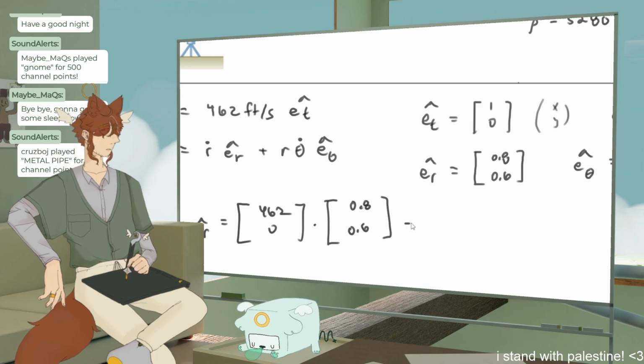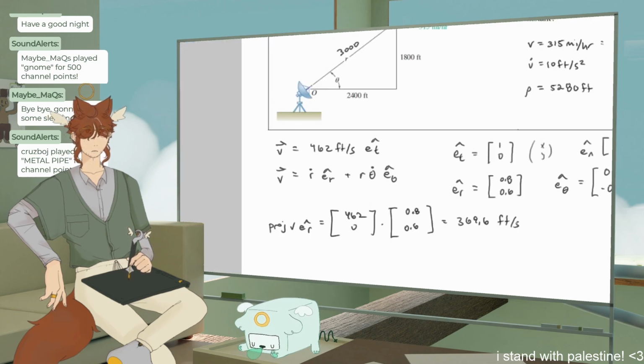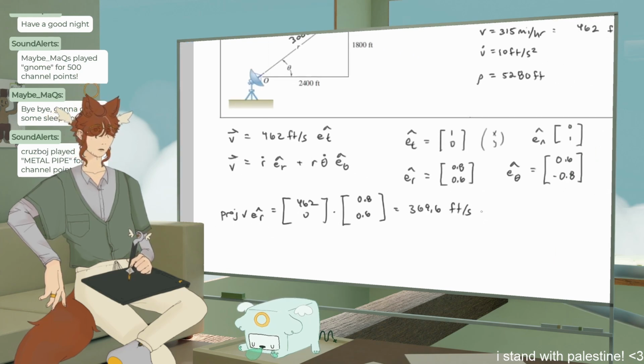It's just this. So, okay, wait, this is our big moment of truth. Is it right? So 369, nice, 0.6. And this is in feet per second. And this equals, actually it just equals R dot. Okay, 369.6.